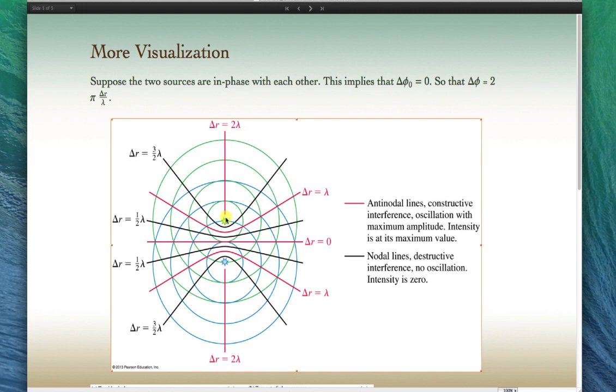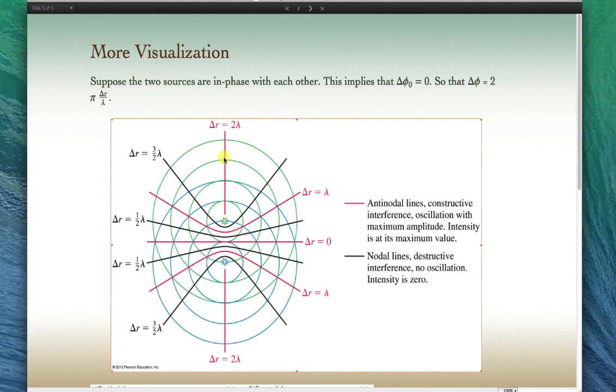In fact, whatever the distance is between the sources, the biggest the difference in R1 and R2 can be is that distance between those sources. So if it happens to be an integer multiple of lambda, then these points are all going to be antinodal points. And then you'll have a node line, and then an antinode line, and a node line, and an antinode line. And you'll have as many lines as necessary to go from delta r equals something times lambda all the way down to delta r equals 0.